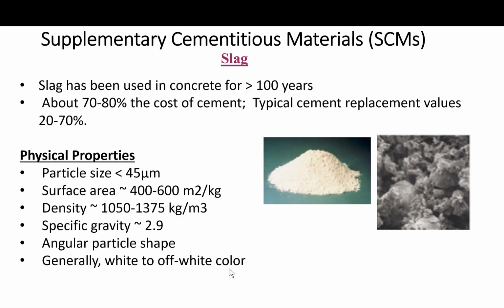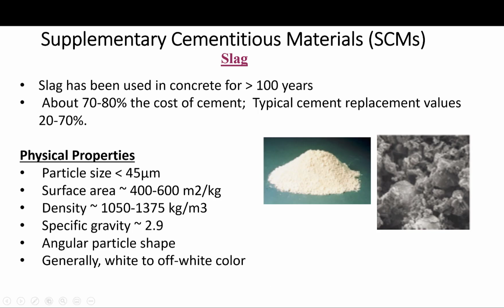Slag use dates back more than 100 years. As I said before, its cost is comparable to cement, but it could be in the range of 70 to 80% of it, depending on your locale, how it is produced, and the demand for it. The typical replacement values of the cement are between 20 and 70%.